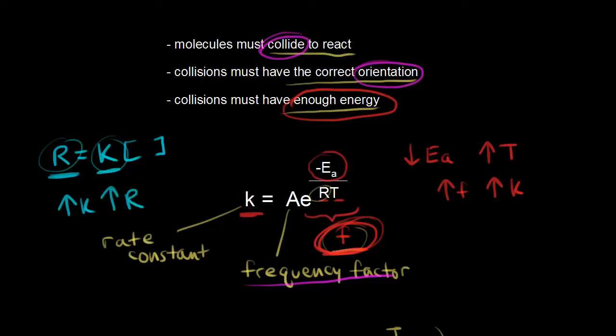And so over here, that's what we've been talking about, right? If we decrease the activation energy, or if we increase the temperature, we increase the fraction of collisions with enough energy to occur. Therefore, we increase the rate constant K. And since K is directly proportional to the rate of our reaction, we increase the rate of reaction.